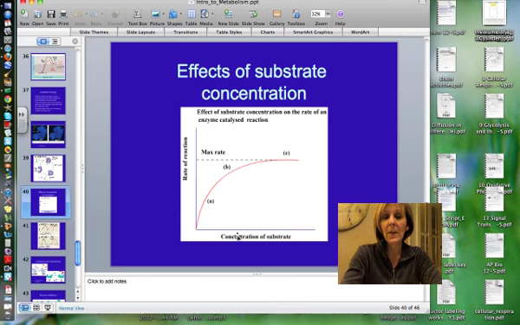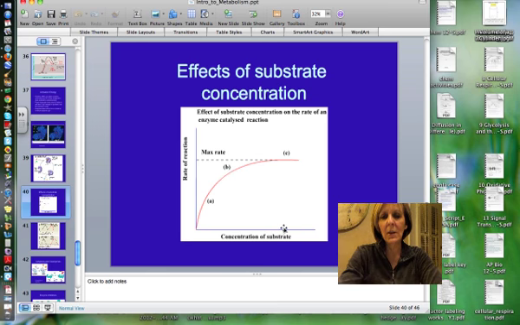So we've talked about this before, but it bears repeating that when you look at the rate of an enzymatic reaction, you can increase that rate by increasing the concentration of the substrate, but only up to a certain point. Now, if you increase the number of enzymes, then you can basically increase until you run out of substrate.